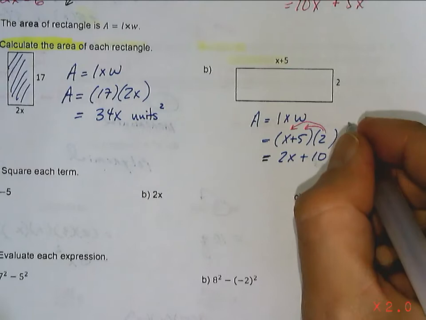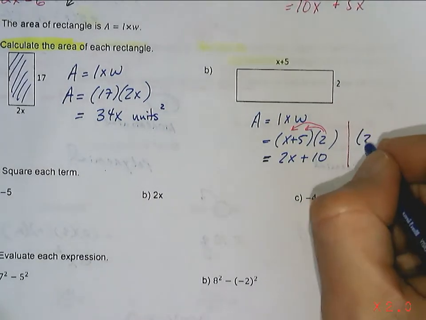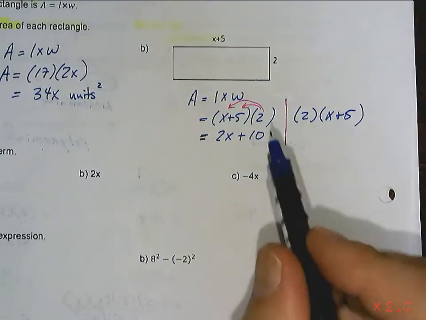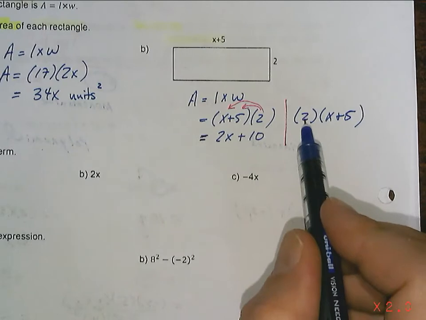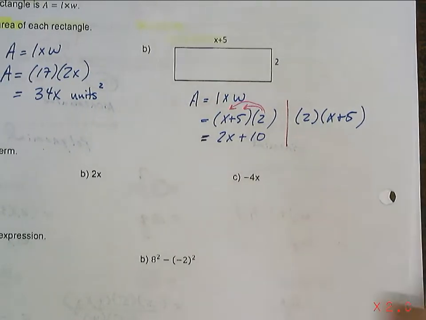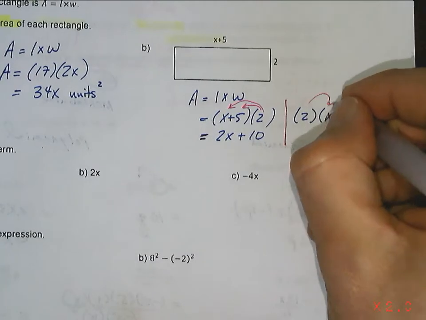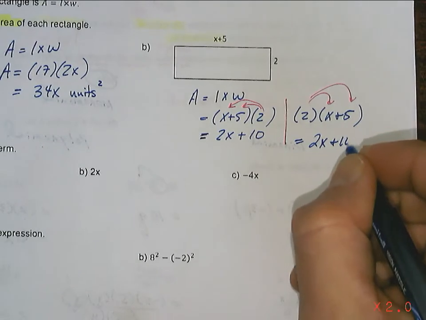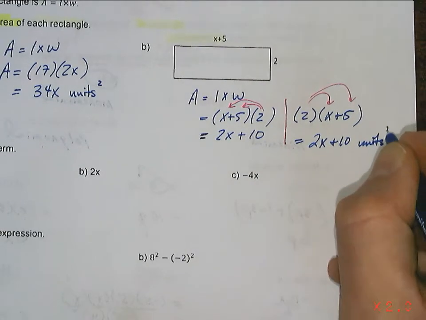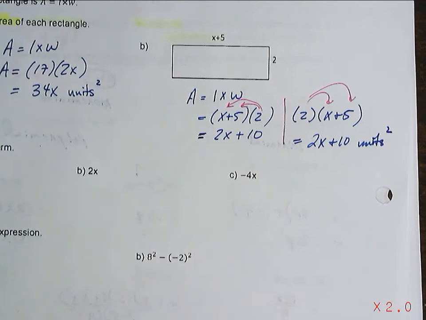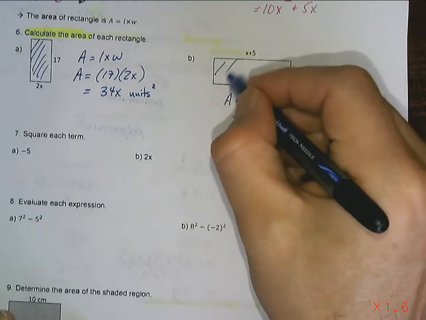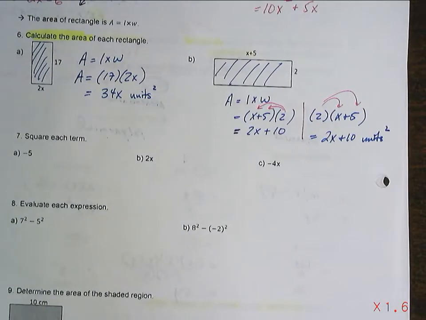Or, if you prefer, you could rewrite it because the order of multiplication does not matter. What do I mean by that? I mean that (x plus 5) times 2 is the exact same as 2 times (x plus 5). You can put it in the order that's more comfortable to you and get the exact same answer, and that'll be in units squared. So that's a little bit about area and using the distributive property. And again, area is all of that space that it takes up.